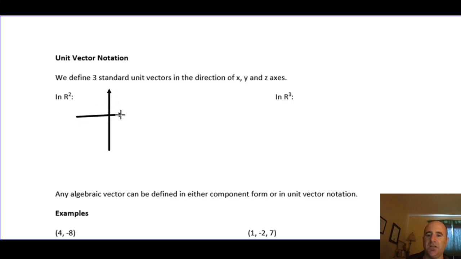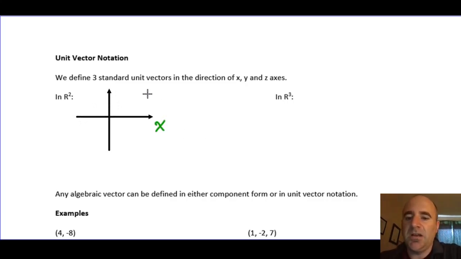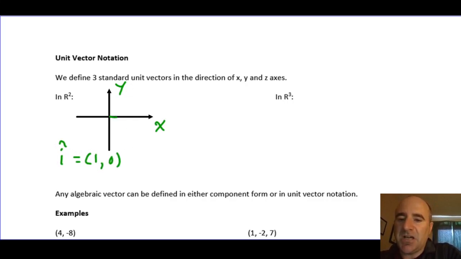And we define 2 unit vectors in the direction of both the x and y axes. So the first unit vector is called i. It is equal to the vector 1, 0, so it just puts i right here. And the second one is j. And j has the same direction as the positive y-axis, so it's 0, 1. So j goes this way.